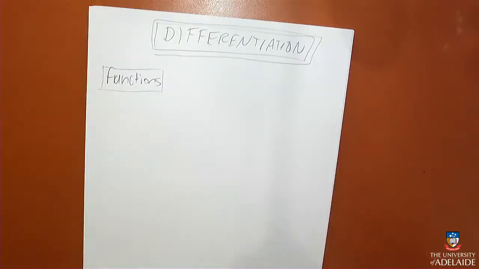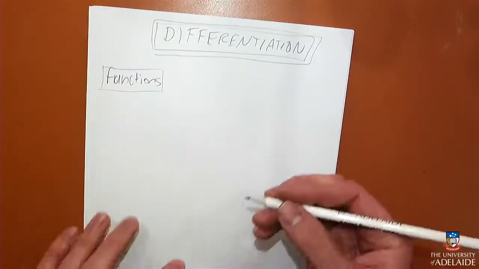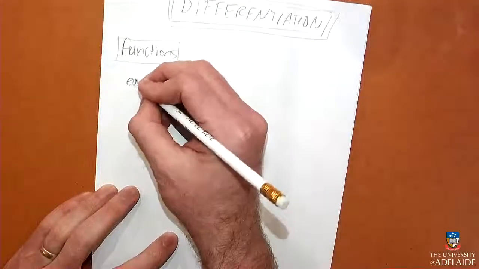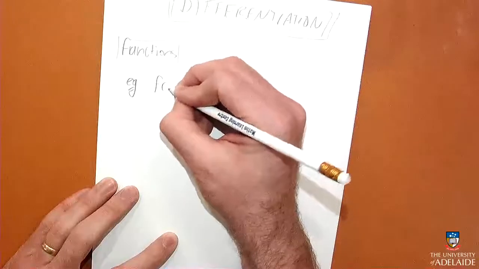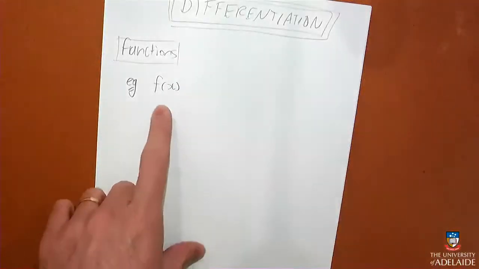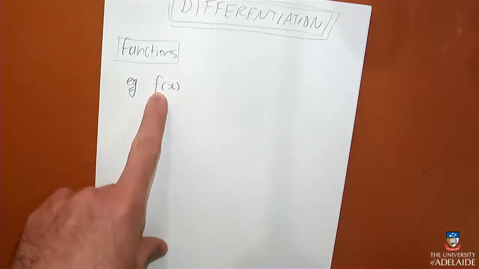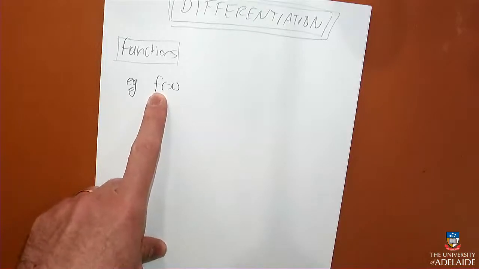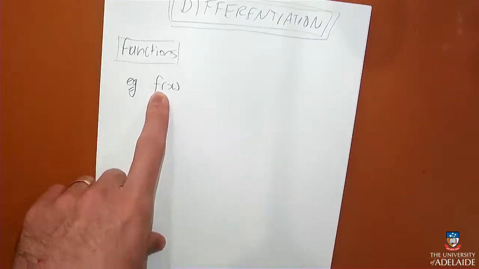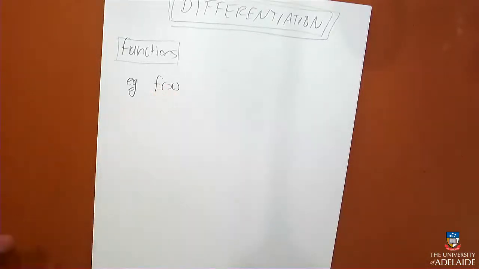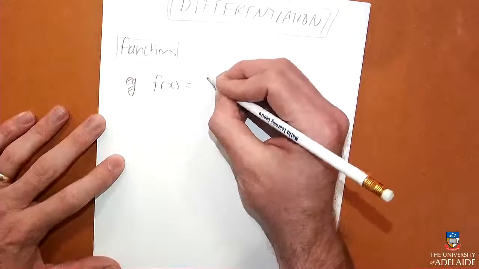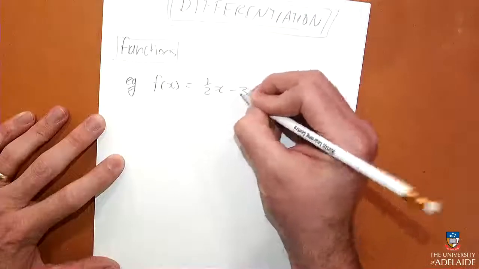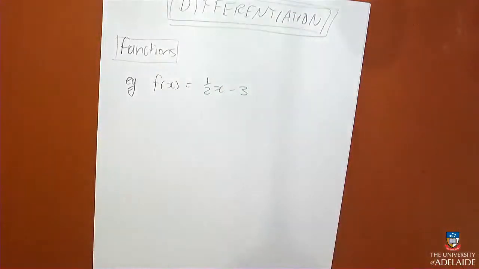One of the ideas, and it'd be easier to do with an example, is that if I have a function, usually it's written this way, so you have function f, it could be any letter or even a word, but function f of x, it's not f times x, will normally have a formula, like a half of x minus 3, for example, and you can use any formula you want.